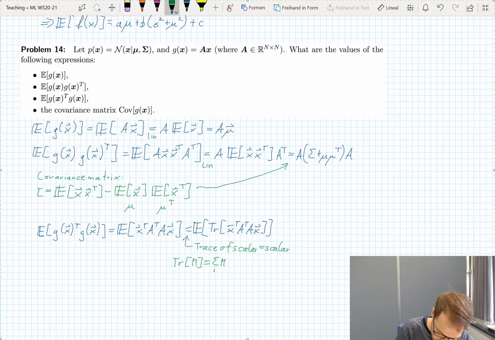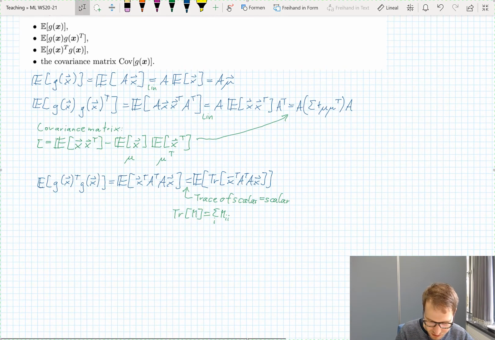So sum over i, M_ii. Now if you have a scalar, obviously you only have one entry, so that's always the same. The nice thing about the trace, though, is that the trace is invariant under cyclic permutations. So that's what we're going to use now.